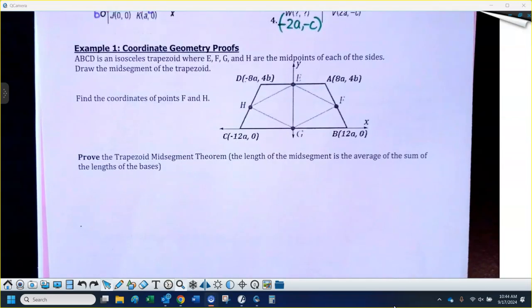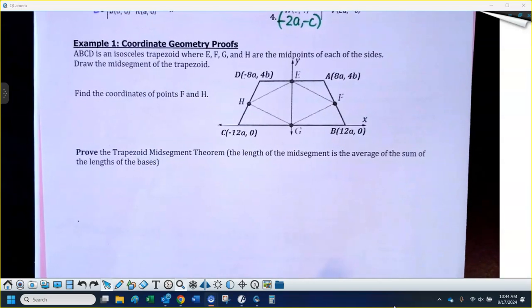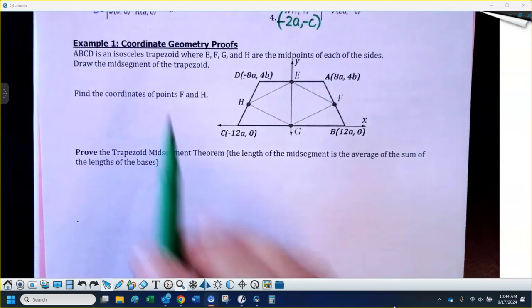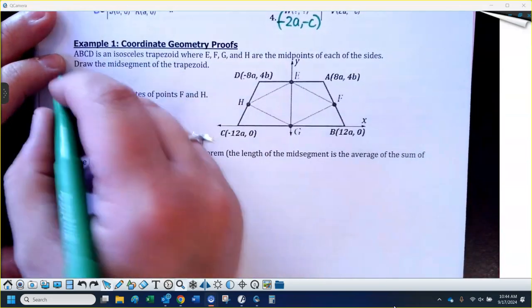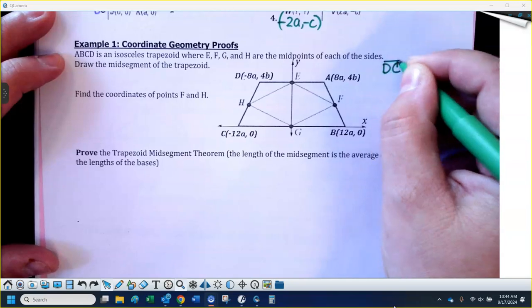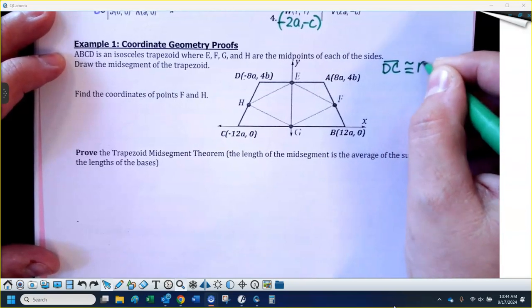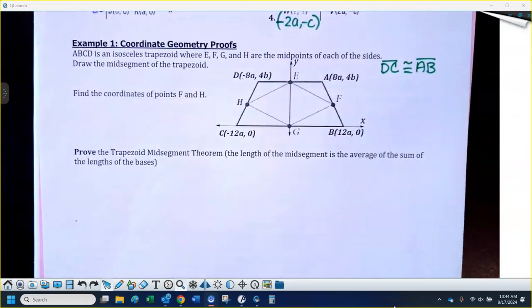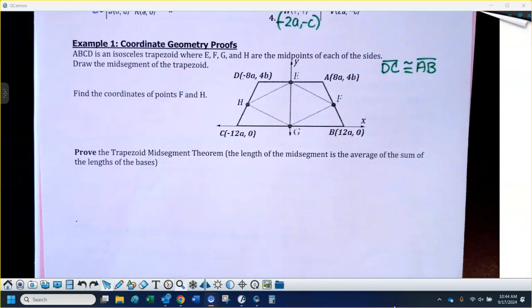So we're actually trying to use this to do a coordinate proof here. I've got an isosceles trapezoid placed in this lovely coordinate plane, which means, just real quick, I'm going to jot this down for you: the segment from D to C is congruent to the segment from A to B. I'm just not going to draw it in the diagram because it's going to garbage it up a little too much. But the left side and the right side would be congruent to each other if this is an isosceles trapezoid.